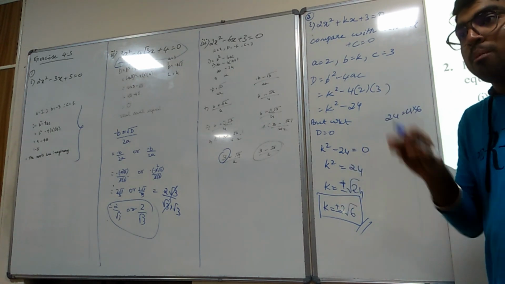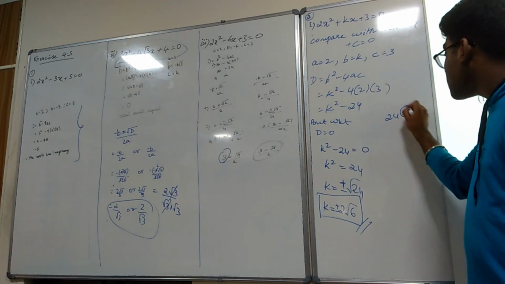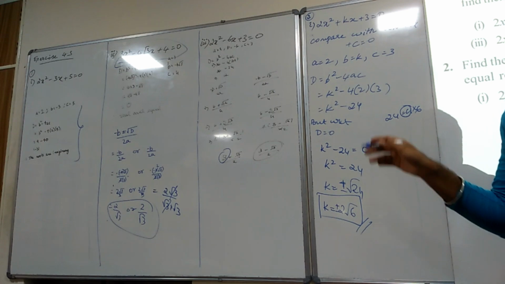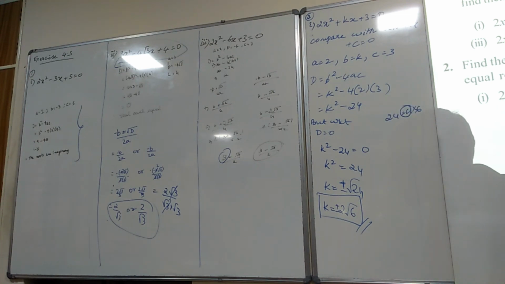Is any of them a perfect square? 4 is a perfect square. So when you take the square root, 2 comes outside. So k can be plus or minus 2 root 6. Yes, k value can be written like that. Sir, 24 can be written as 4 into 6. So not getting any other. Yes, sir.